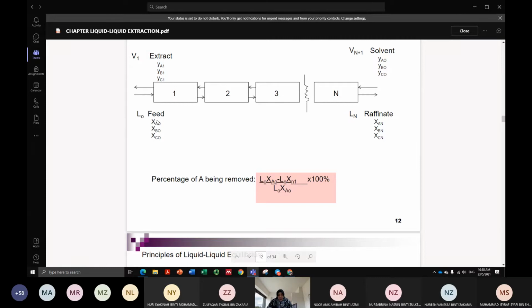When it's mentioned about removal of solute, we talk about removal to the extract stream. Okay, then if you look at the differences, the flow rates of solutes, look at the formula below.